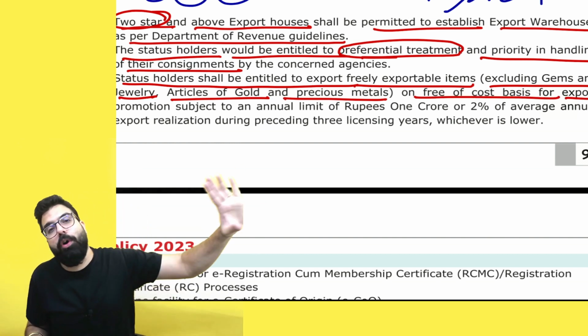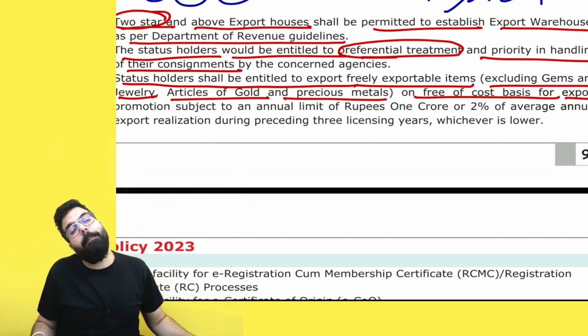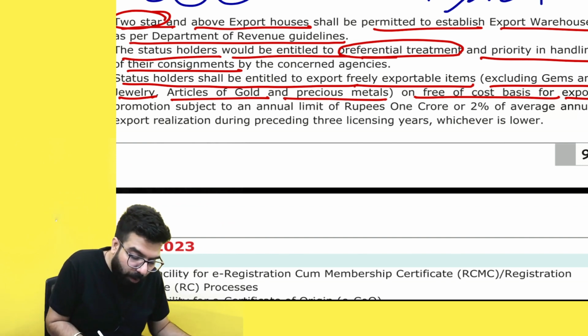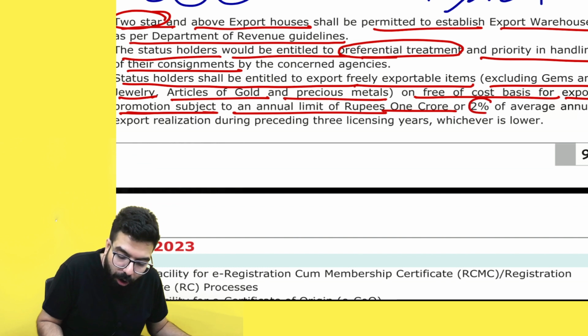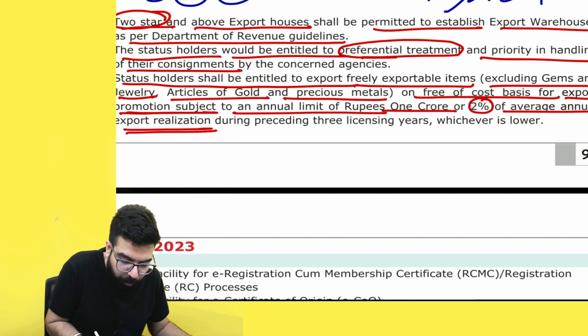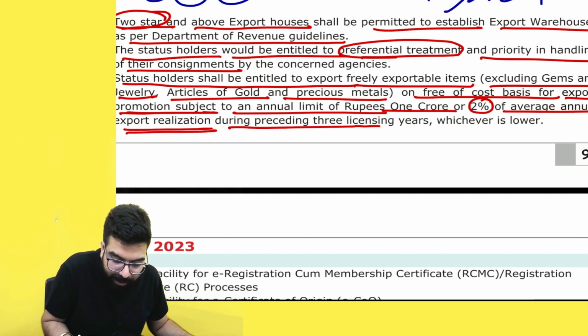Baba, they can export with samples also on free of cost basis for export promotion, but subject to an annual limit of rupees 1 crore or 2% of the average annual export realization during the preceding 3 license years.